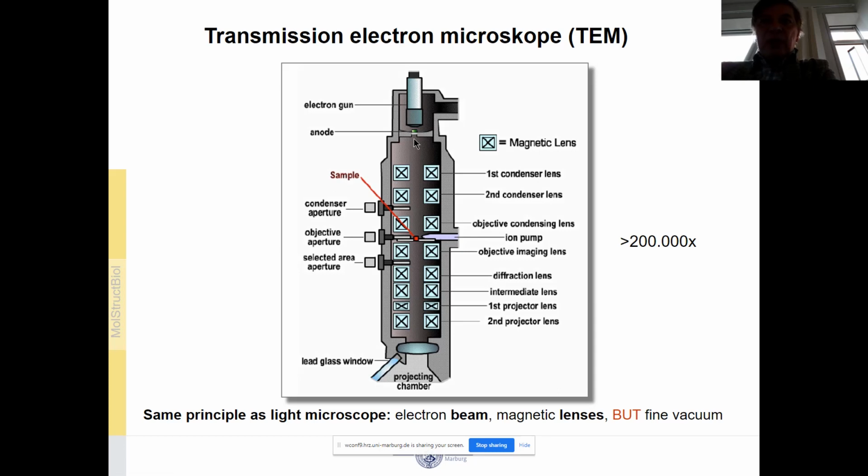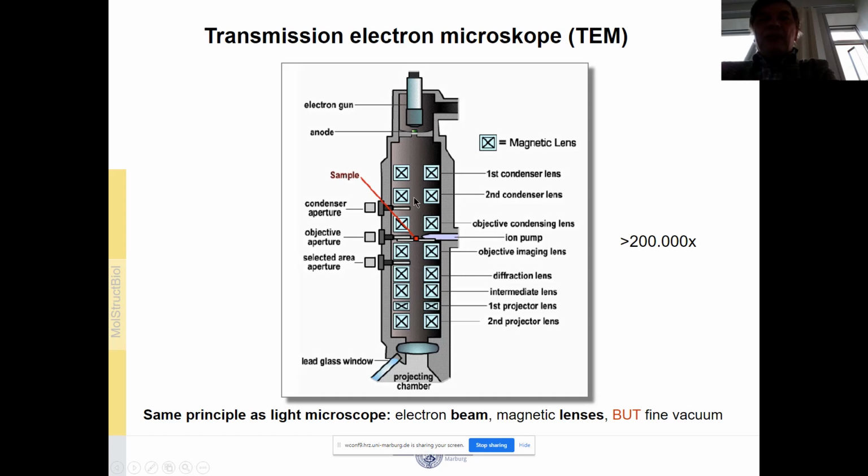Usual microscopes nowadays have acceleration voltages of about 120 kilovolt up to about 300 kilovolt, maybe even higher with some very highly dedicated ones. So this electron beam is getting into a condenser, like in the light microscope, so that you get a uniform beam by shaping it.